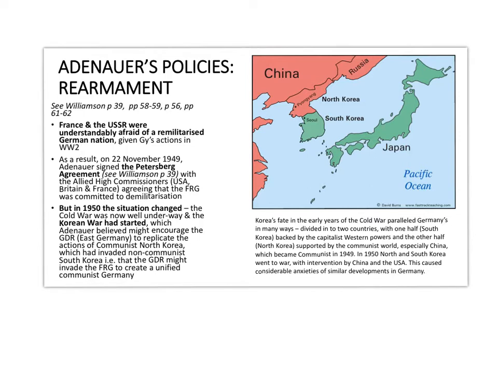The key point is that the situation very quickly changed. At the beginning, 1949 to 1950, we need to take the context that Germany had, in its history, three times previously attacked France, in 1871, 1914 and 1940, but had also attacked Russia twice, in 1914 and then again in 1941.